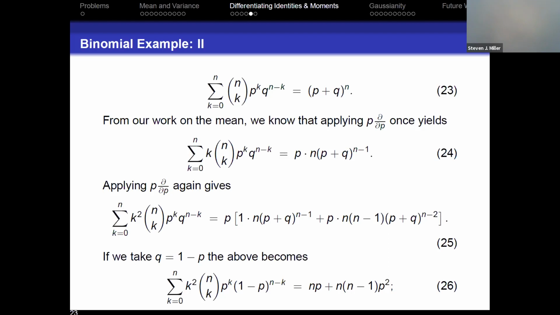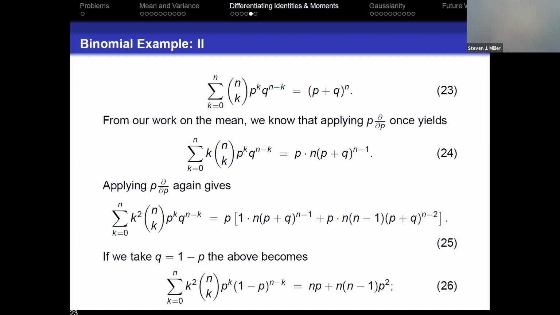What's the advantage in choosing q to be 1 minus p? So that p plus q equals 1. Yeah, so now p plus q equals 1.